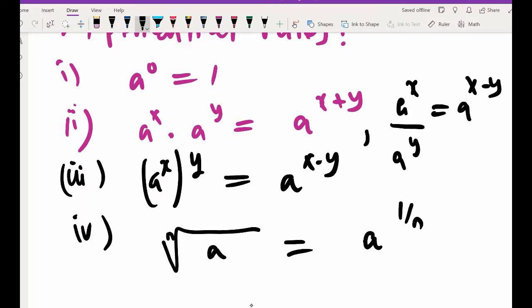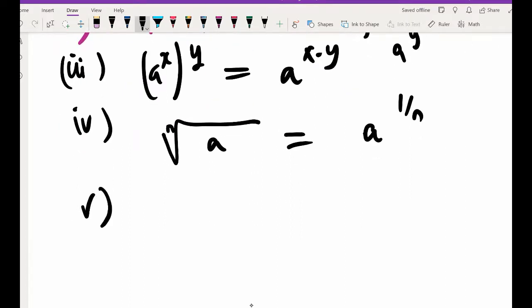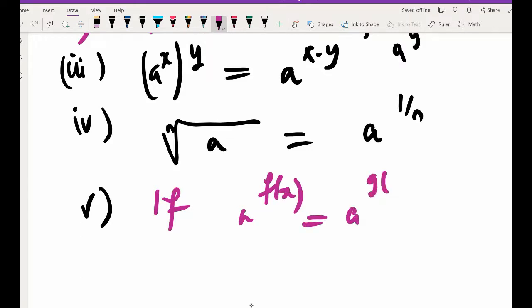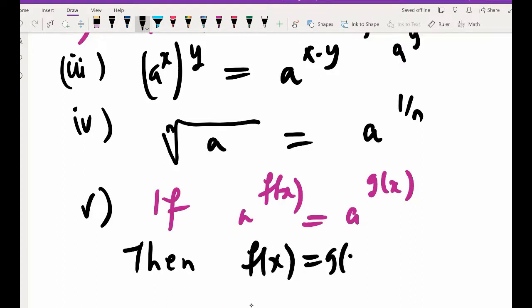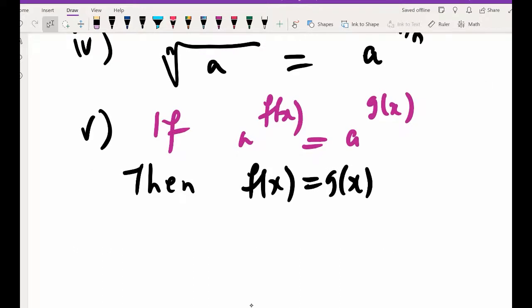And also the next rule, and this is going to be used in solving exponents. If we are going to solve exponents, we are going to use two important rules. If a^f(x) equals a^g(x), we can say that f(x) equals g(x).